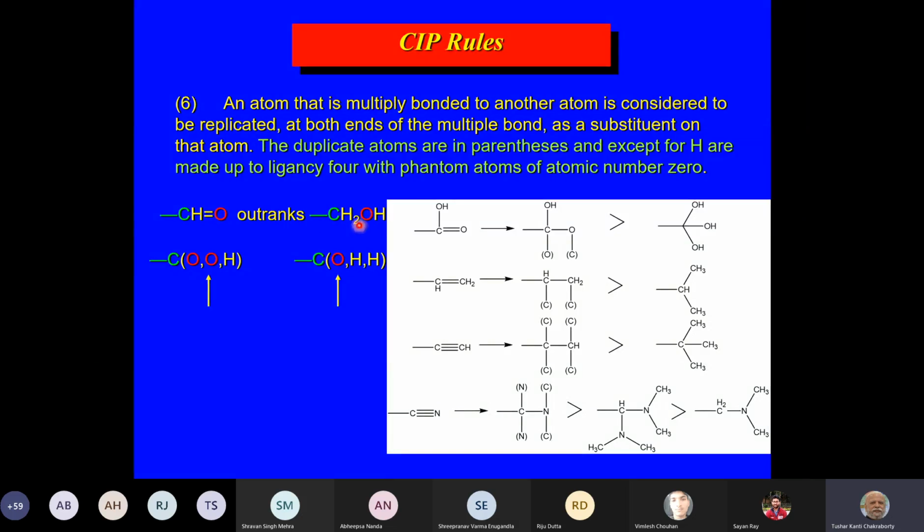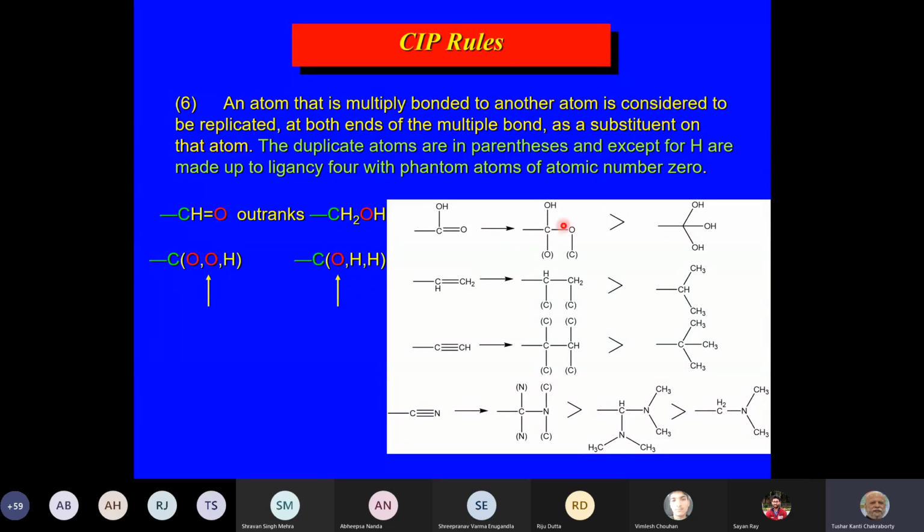Whereas when I have a CH2OH, I have written OH and H. So the duplicate atoms in parentheses, except for hydrogen, are made up of what we call phantom atoms of atomic number 0. So anyway, don't go through all this terminology. Basically, you just multiply as many bonds as you have, you put the same atom here, and that's why aldehyde gets higher priority than an alcohol.